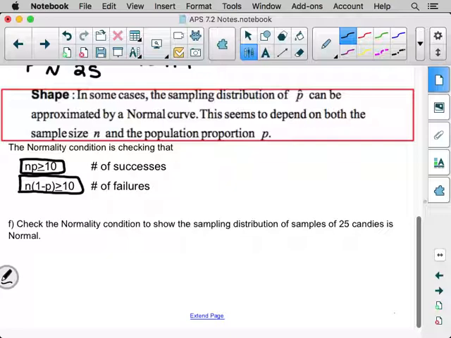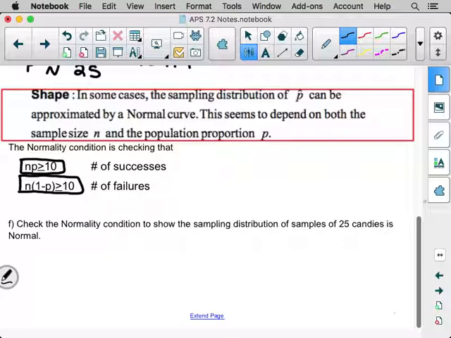Or most of second semester, what you'll hear me say is the number of successes in the sample, number of failures from a sample. Again, that'll make more sense as we dive deeper into second semester material. But these are the two things right now we need to check to establish that we can say that this is good enough to be considered approximately normal.